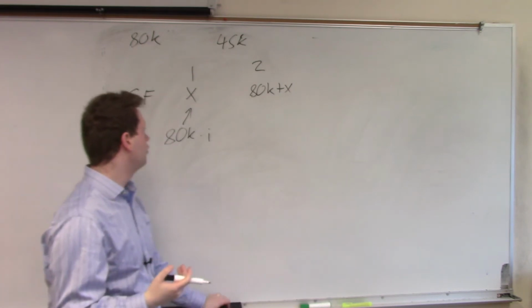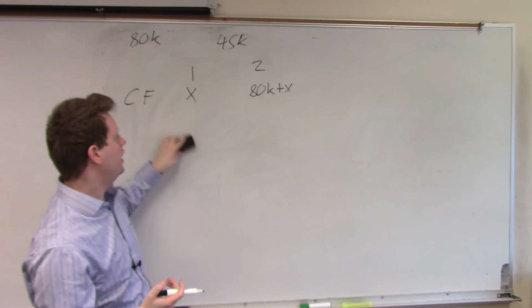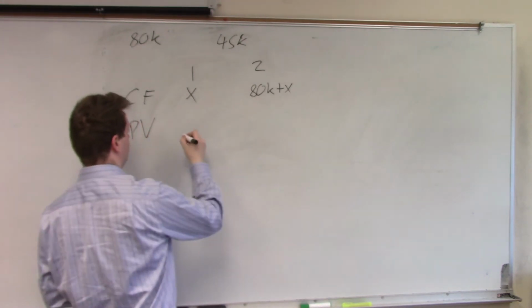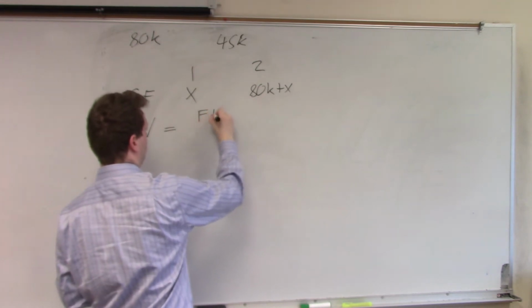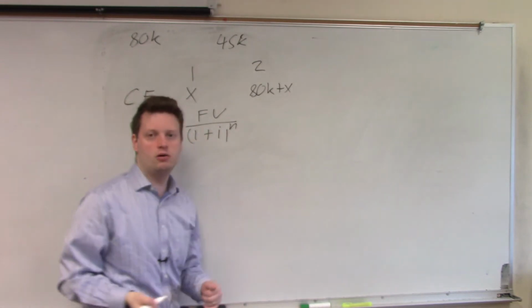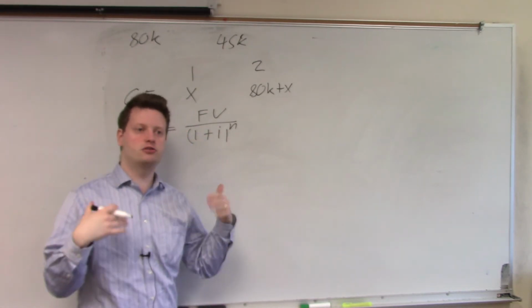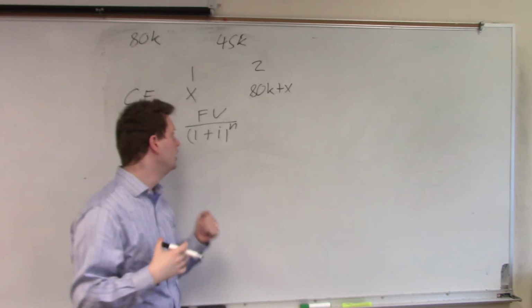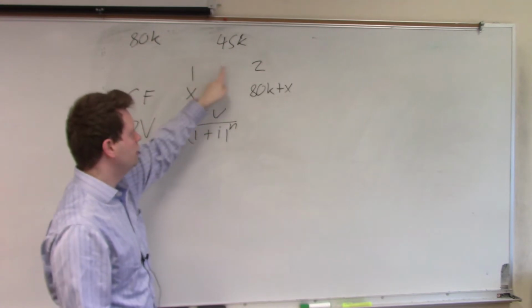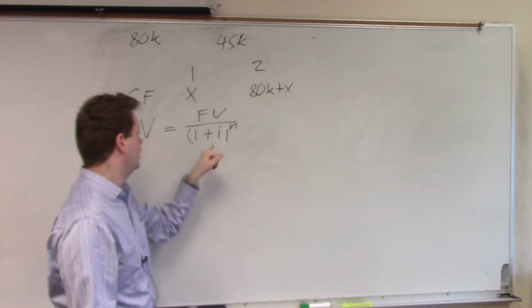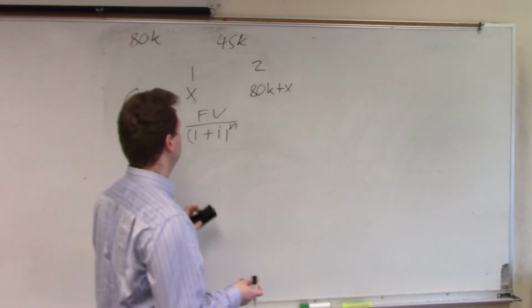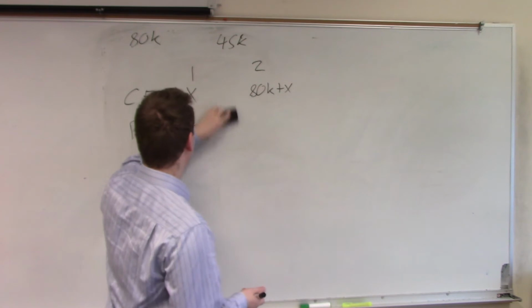Next up, we need to calculate the present value of this. Present value will be equal to the future value over 1 plus the market interest rate to the power of N, how many years in the future I have to make or receive that payment. The future value is simply what I wrote here for the cash flow. N is the end of each year. The market interest rate, we need to assume a value. So let's calculate that here.